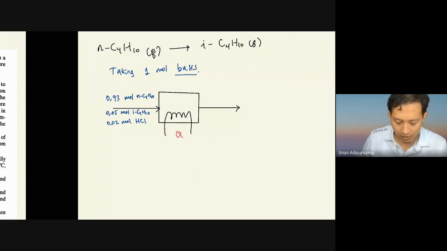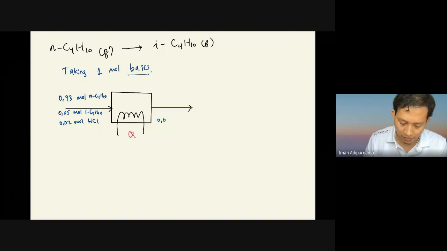I think the HCl is not reacting to anything, so I will just leave the same HCl. And the difference will be, let me write this as N for this butane out, and this is for isobutane.